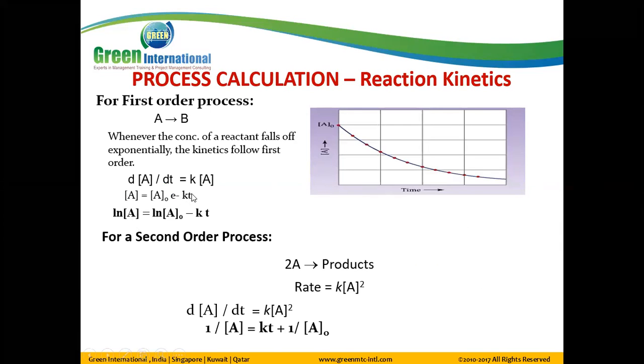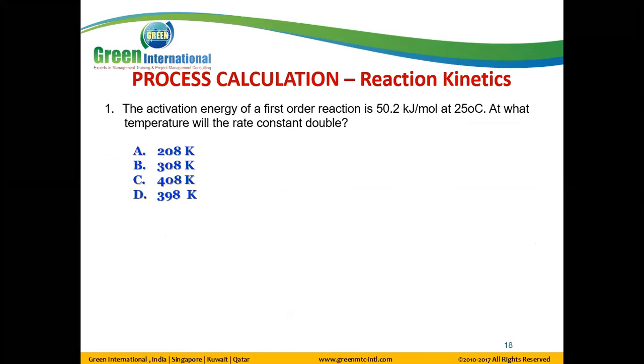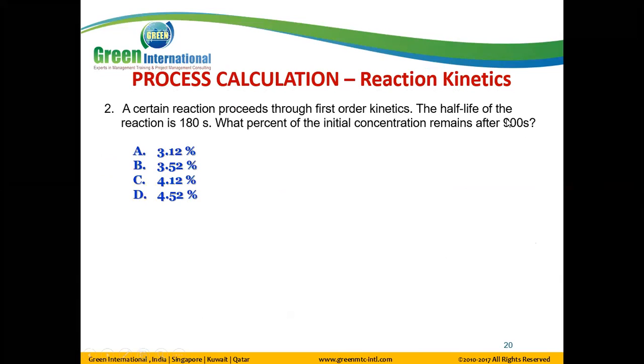This t is the time, that is 900 seconds. Substitute in this, you will get 3.12%. Is it clear or any doubt? Two questions we have seen. Is it clear or any doubt?